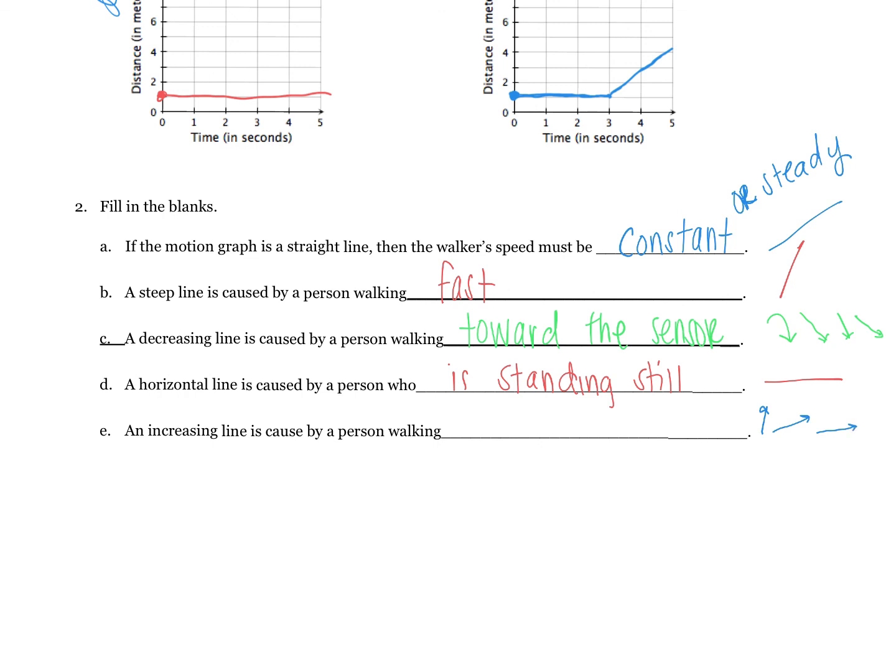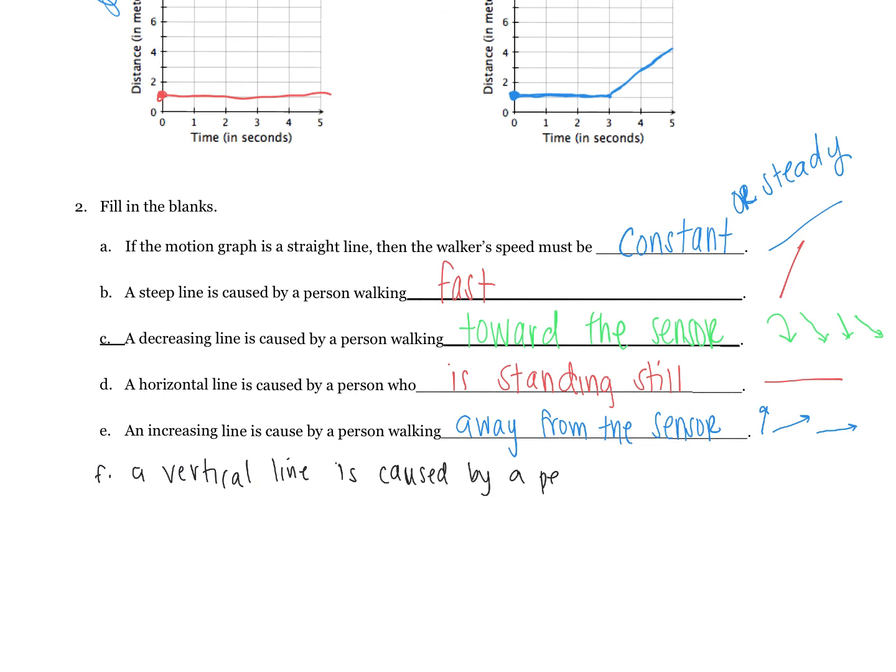Anytime a graph or a line is increasing, this just means that we are walking away from the sensor, or an object is moving away from something. Okay? And then F. I don't have it on my screen, but you have it on your paper. And it says something like a vertical line is caused by what?